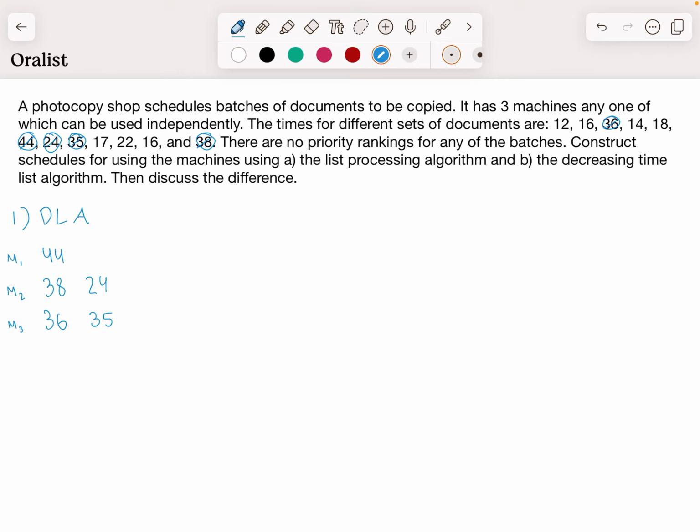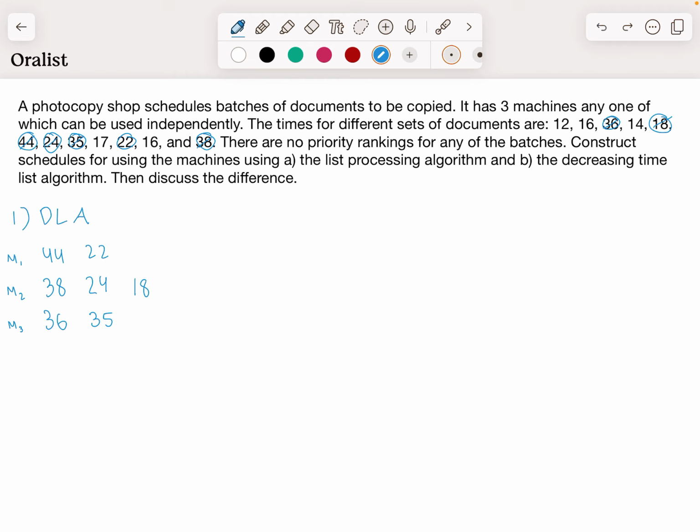And then you would essentially just repeat this process going from the greatest to the smallest numbers. Our next biggest is going to be 22, which is going to be over here. And then 17 after that, which is going to be here. Oh, I'm sorry about that. 18 would be the next biggest. So 18 over here, and that would be after machine 2 once these 2 values are done.